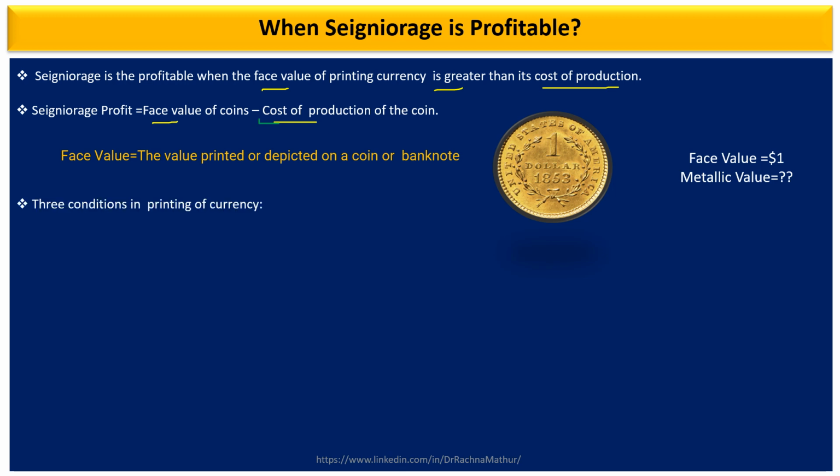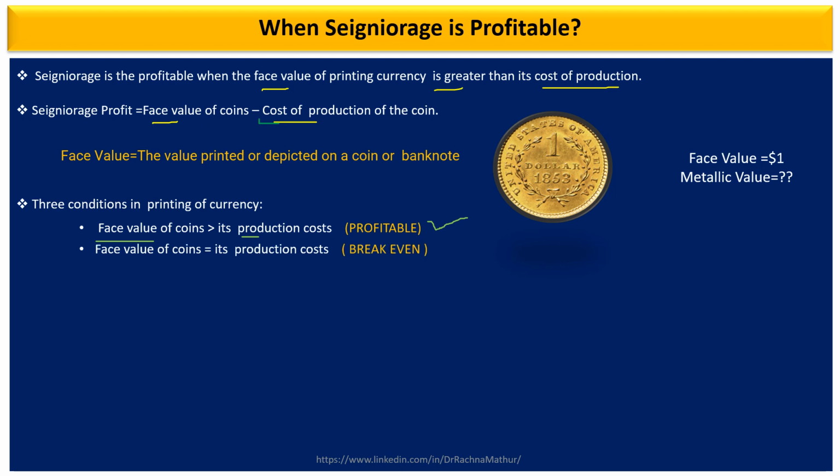So here three important conditions come in when the printing of a note or a currency is done. First is the face value of a coin is greater than the production cost. Only in this situation, when the face value is greater than the cost of production that comprises the metallic value and the other administrative cost, then only printing of currency or minting of coin is profitable.